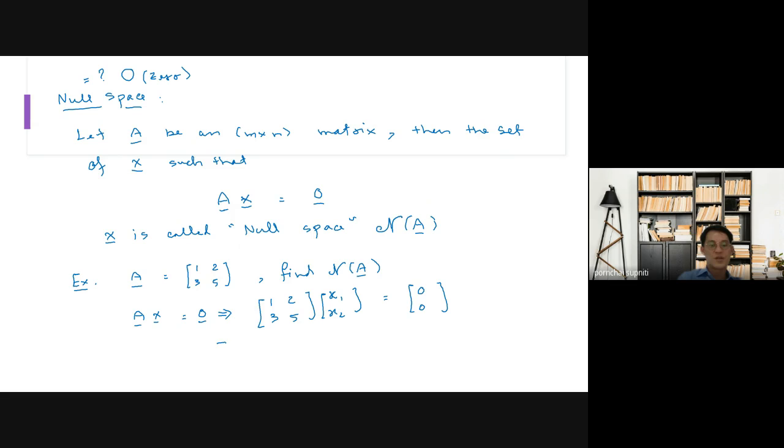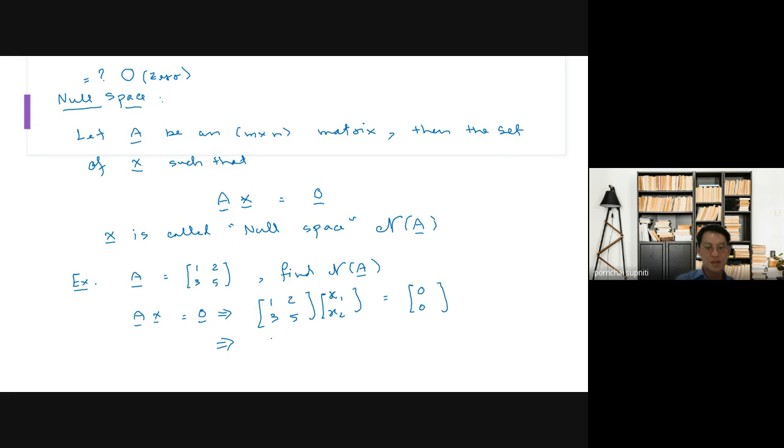There are two ways to do it. If you have a large matrix, you can do Gaussian elimination and then find x1 and x2. If you have a very small one like this, let's just do it.